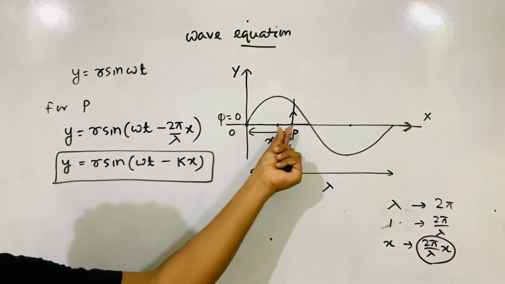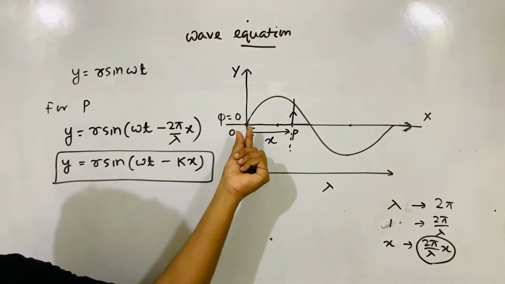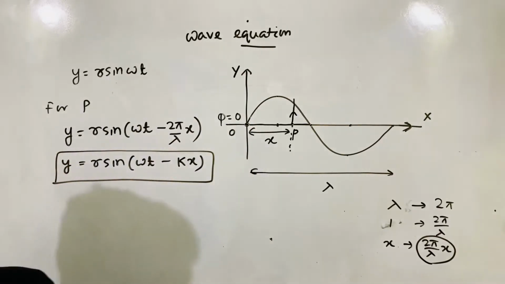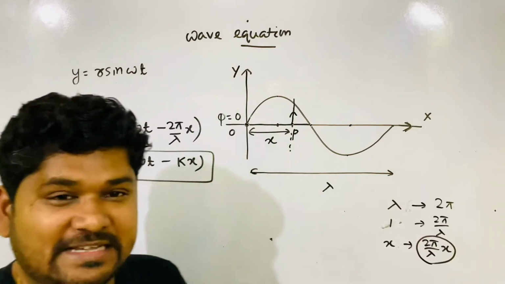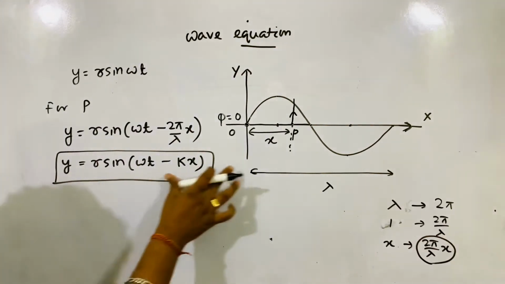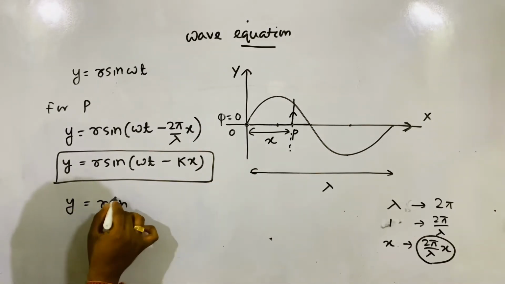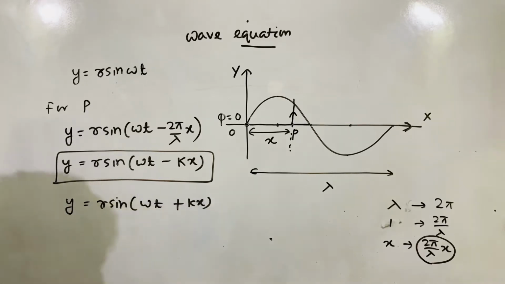I consider the particle here. I take the first reference particle at the origin with phase 0. That's why this equation comes. But you can have many equations of many forms. This equation can also be r sine omega t plus kx.